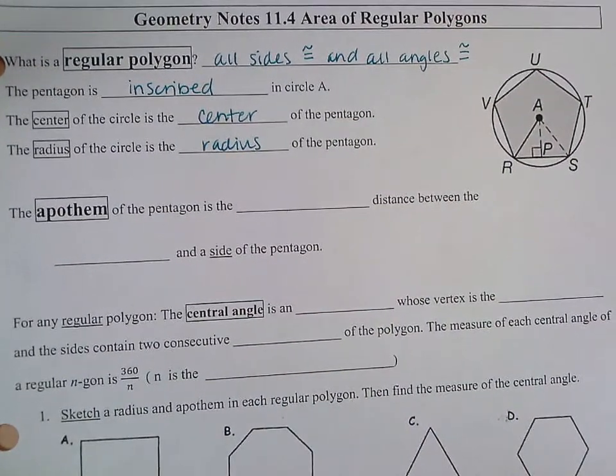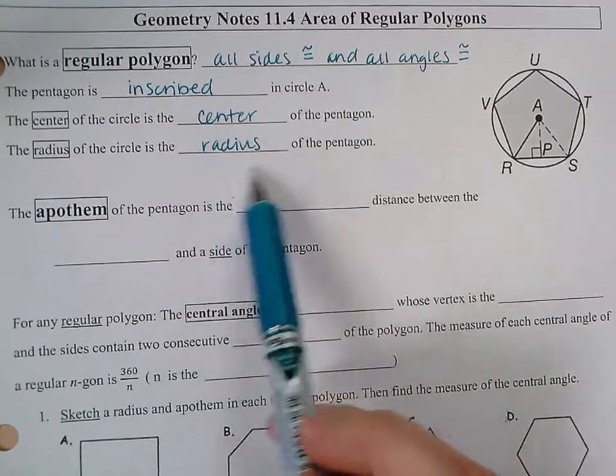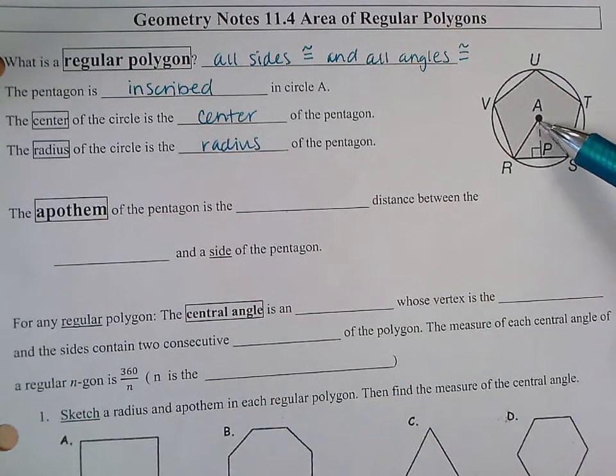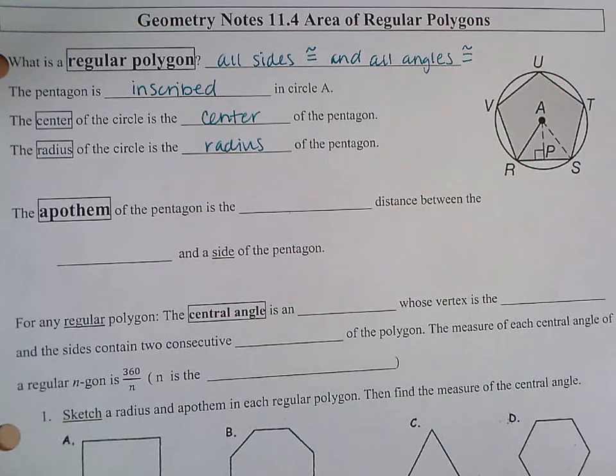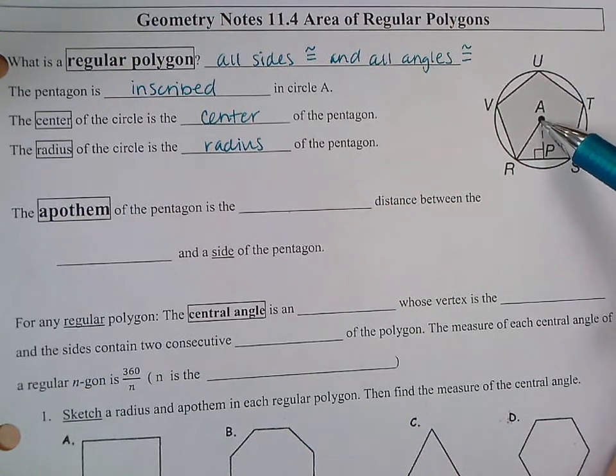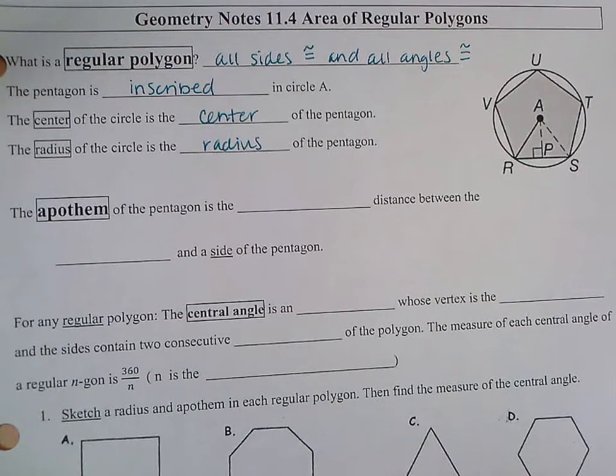So we will be referring to the radius of a regular polygon in this unit, and to understand again, that radius is the radius of the circle that's circumscribed about the regular polygon, but then we do consider it the radius of that polygon. Notice that a radius does go from the center to a vertex of the polygon.